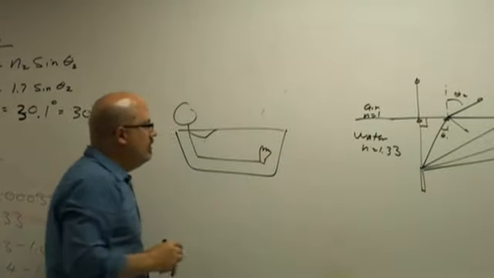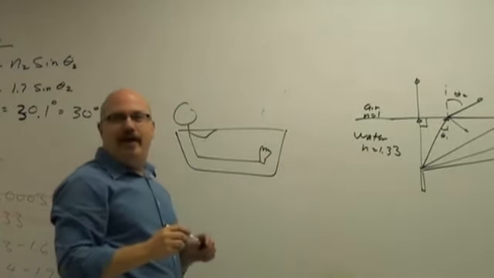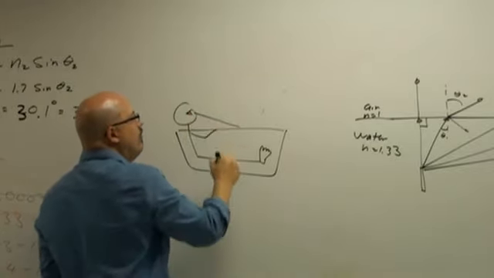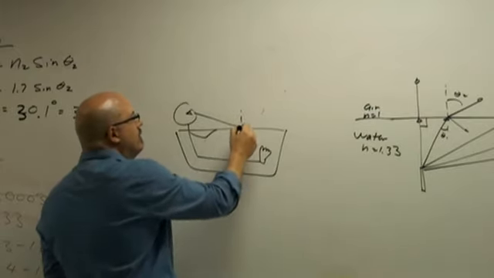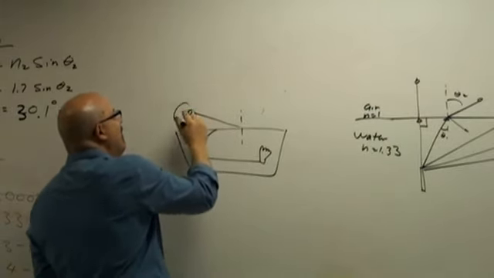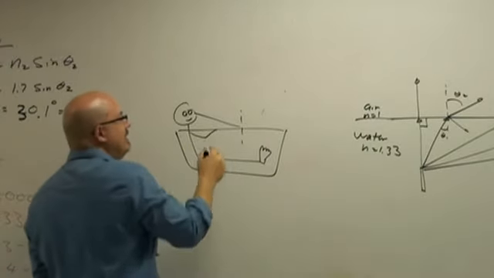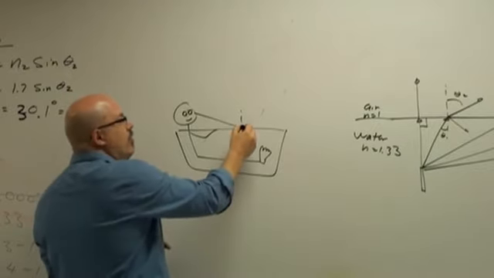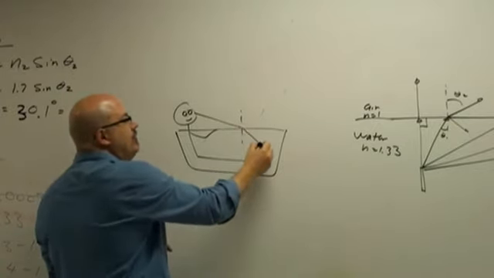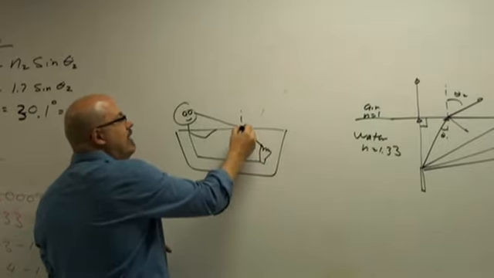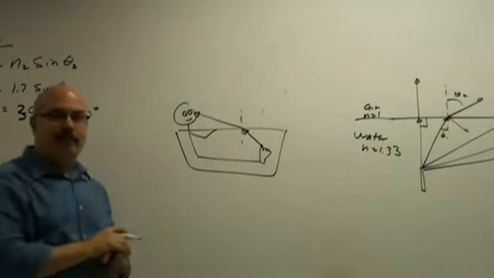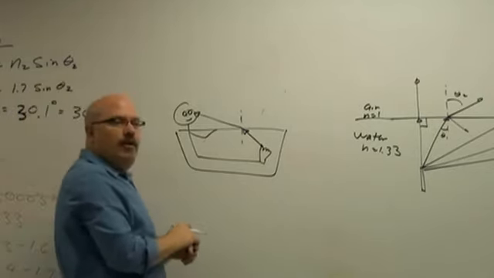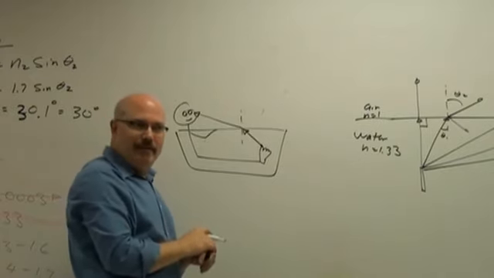Now, if you look with your eyeballs this way, which way does the light ray bend? It's toward the normal. So what you see in reverse is the light ray goes this way and then this way into your eye. So you see your foot in a different spot.